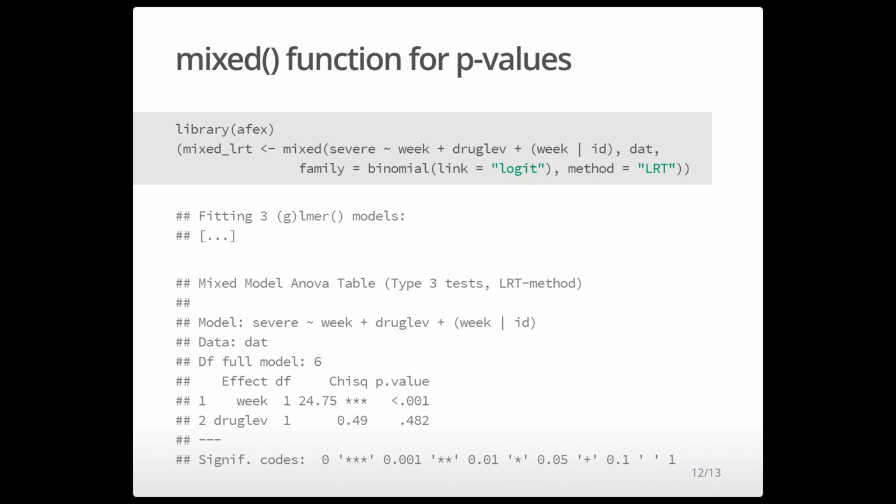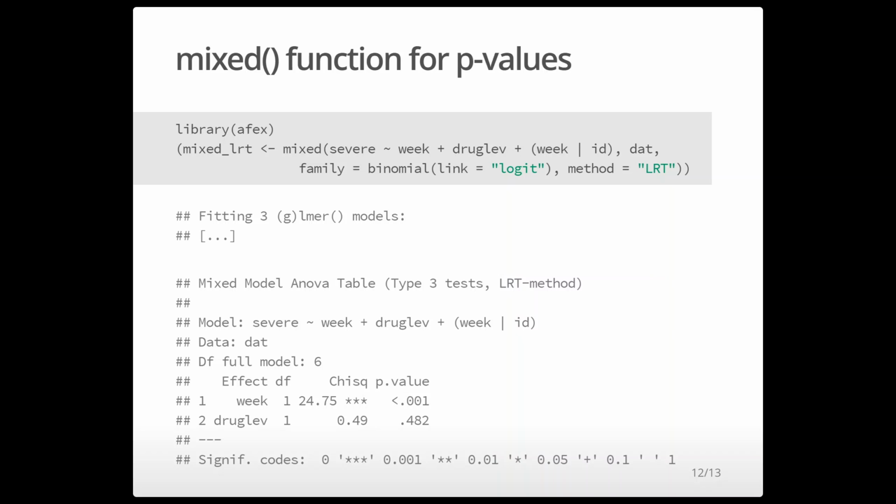But either way, the parametric bootstrap, even for this model, is taking a fairly long time, so I just didn't do it. Instead, here's the output for the likelihood ratio test. What you can see is that it fits 3 different models. It goes one at a time. It starts with the full model, then it deletes one variable, and then it deletes the other variable, and then it does 2 different likelihood ratio tests comparing the full model to each reduced model, and that's how you get your p-values.